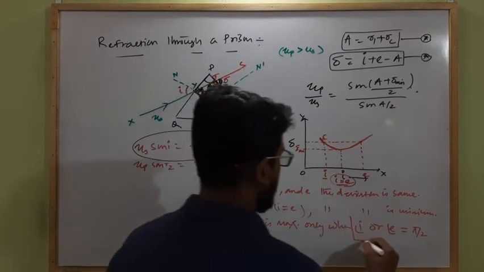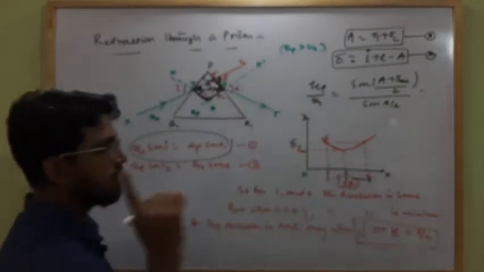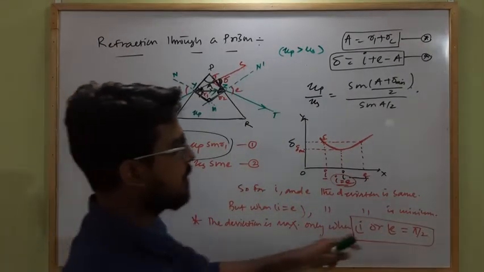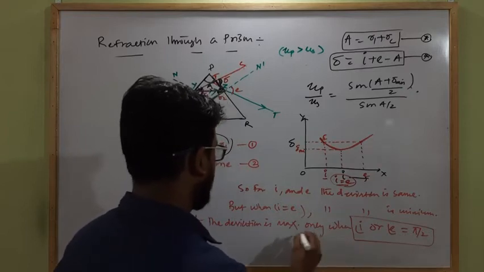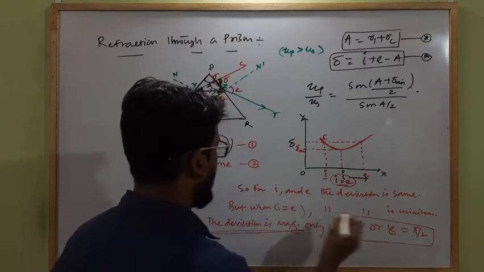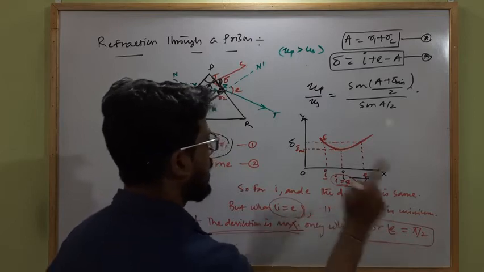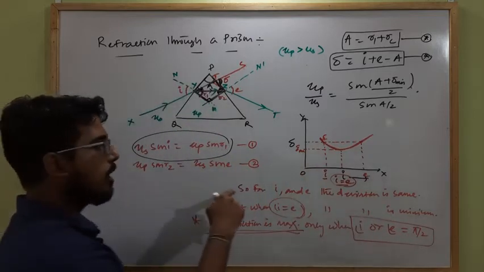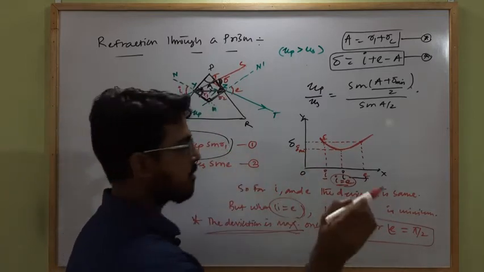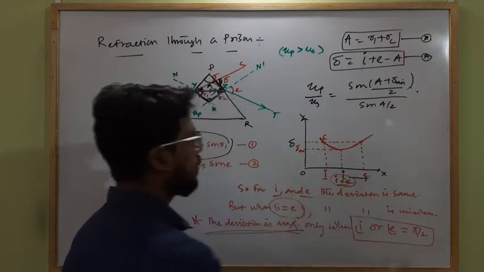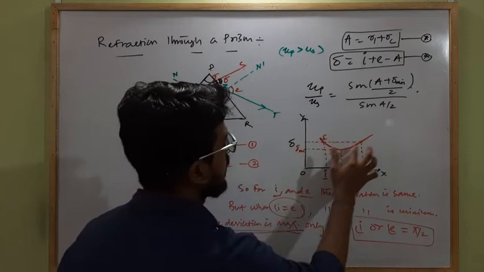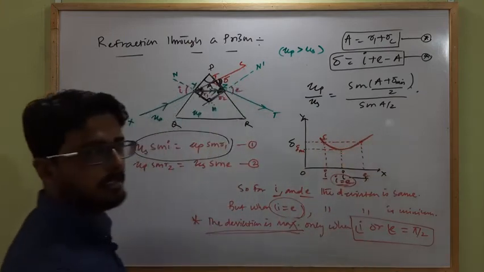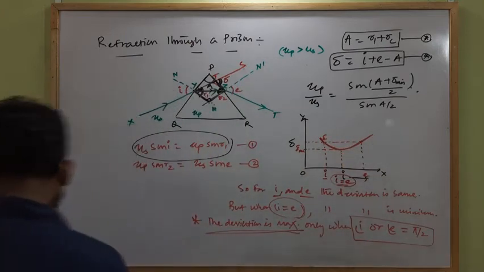You have to remember that when the angle of emergence is equal to 90 degrees or the angle of incidence equal to 90 degrees, then we will get maximum deviation. Okay, and when i equals e, we will get minimum deviation. And in general, we have two same values of the deviation, one for e and one for i. Clear? So this is the graph and it is more inclined towards the right. Clear? Okay.